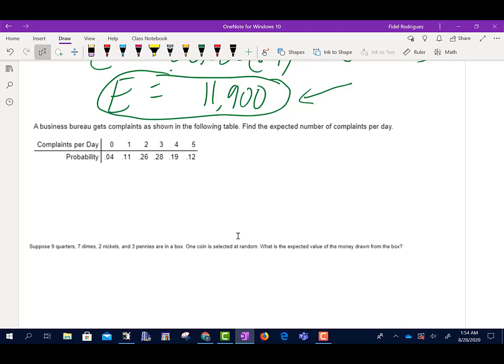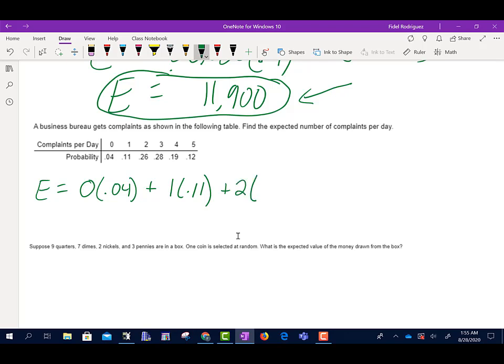So for the next part here, let's see if we can figure out this next problem. It says, a business bureau gets complaints as shown in the following table. Find the expected number of complaints per day. Okay, so we can do this. Suppose we get no complaints. Well, the probability of that happening is 0.4. The probability of getting one complaint is 0.11.